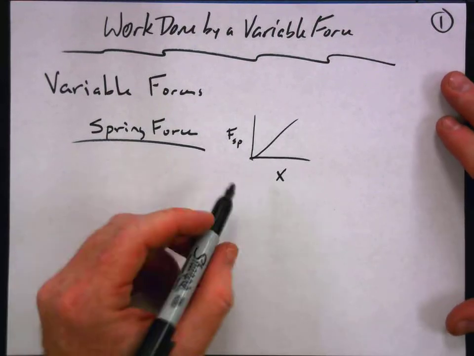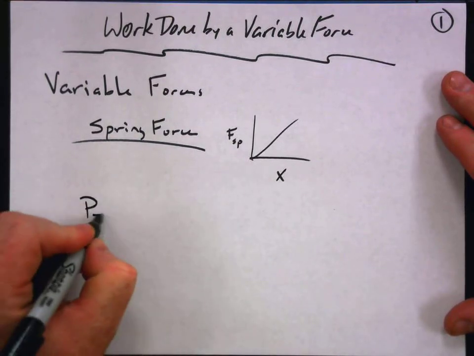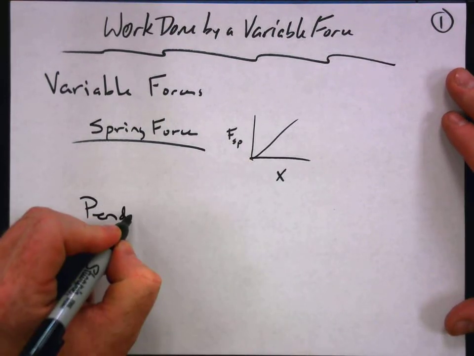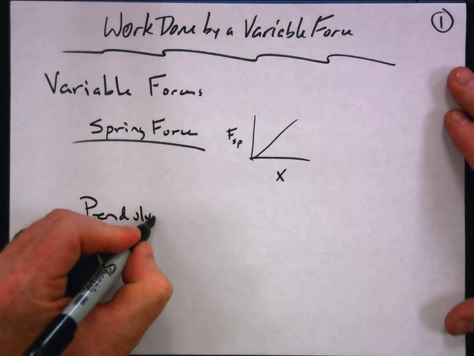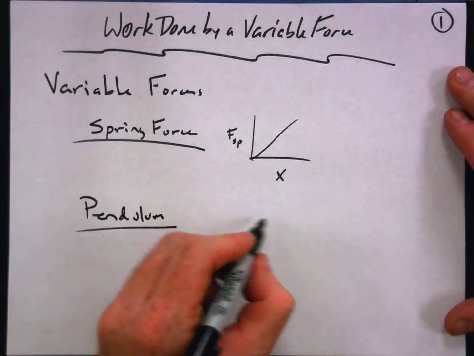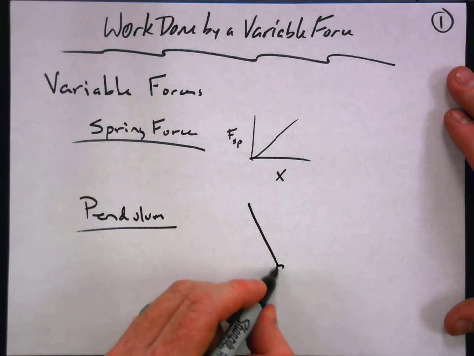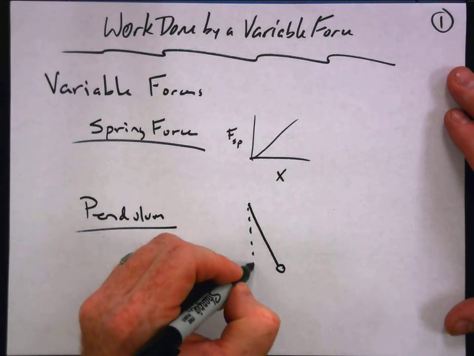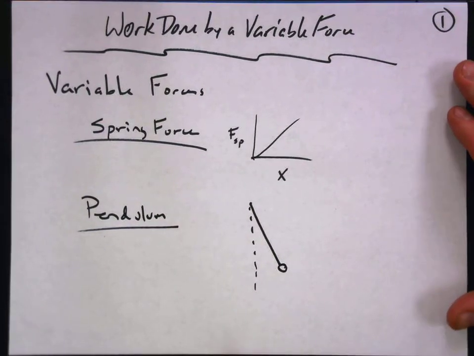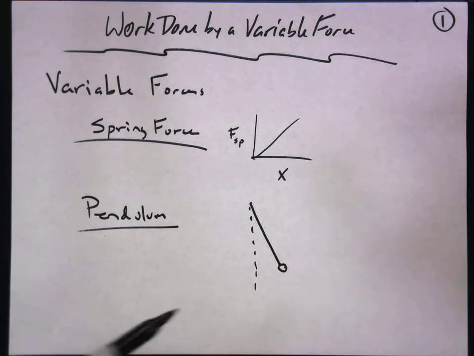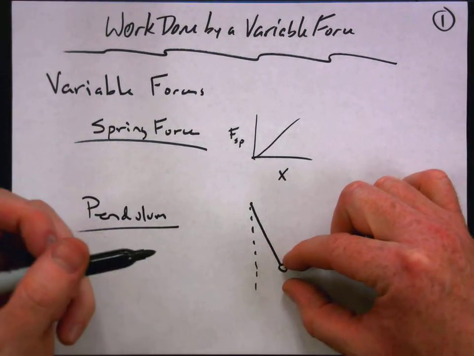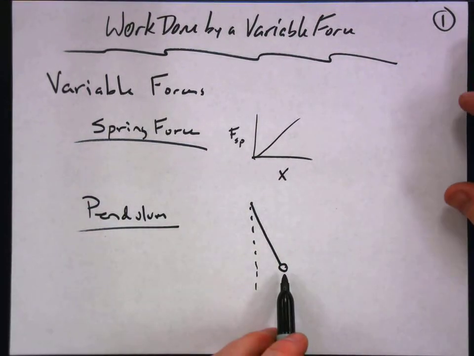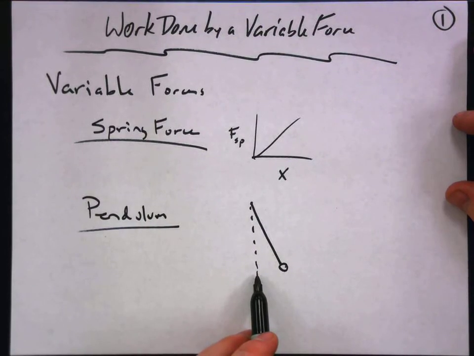What about a pendulum? So check this out. We have not studied these yet. If you have an object suspended on a string, for example, and you pull it sideways and you release it, well, it's going to want to come back to this position.